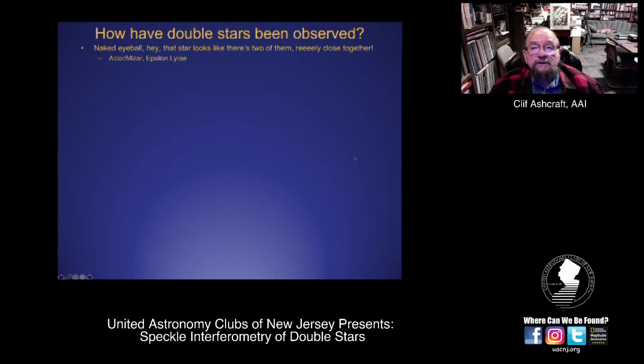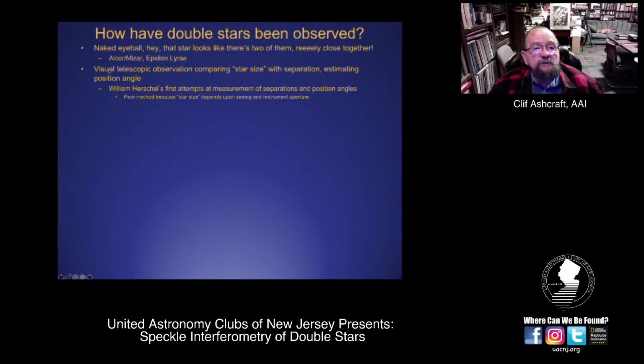Well, the first method is just using your naked eyeball. Hey, that star looks like there's two of them really close together. And examples of double stars discovered this way are Alcor and Mizar in the handle of the Big Dipper, and Epsilon Lyrae, the double-double.